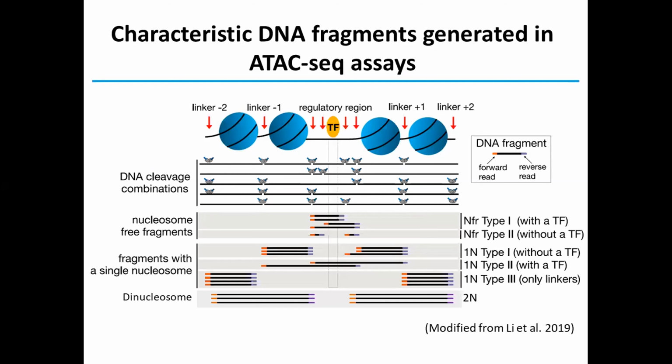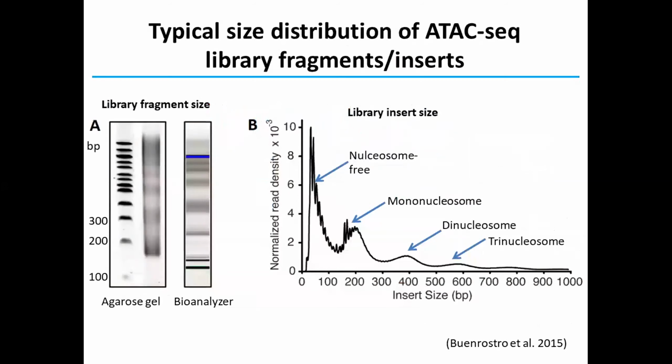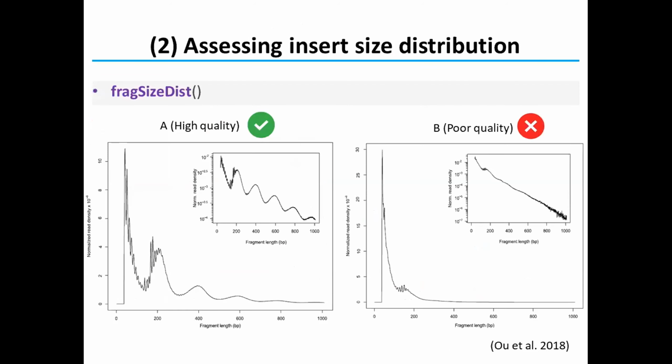So after the alignment, using the ATAC-seq QC package, there's a function called fragment size distribution to get the insert size of the library.